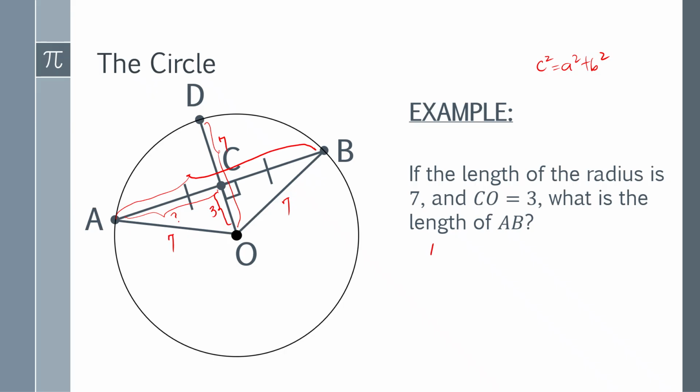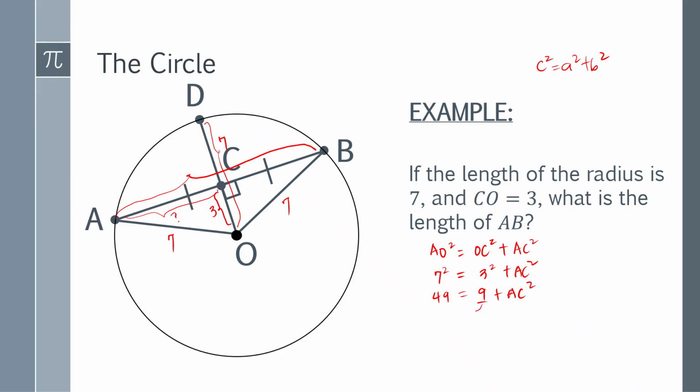Okay, so therefore AO squared is equal to, let's say, OC squared plus AC squared. AO squared here is 7 squared, which equals OC, which is 3 squared, plus AC squared. 7 squared is 49, equals 3 squared, which is 9, plus AC squared.